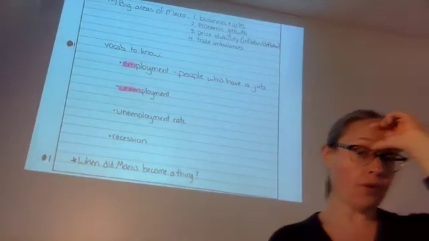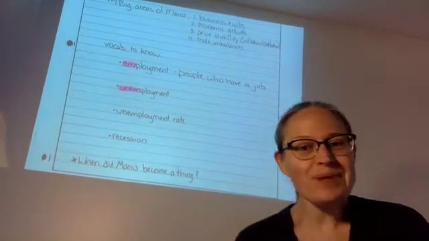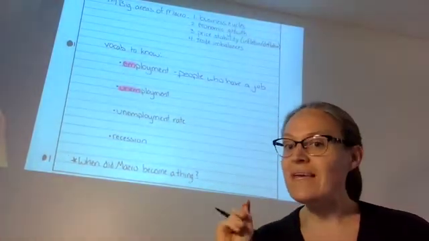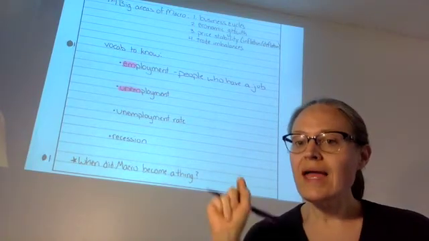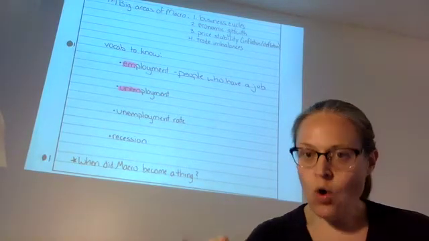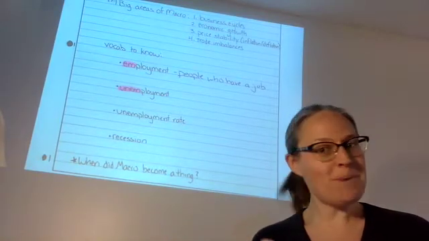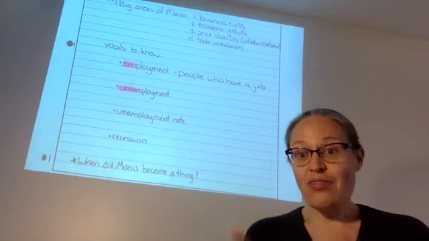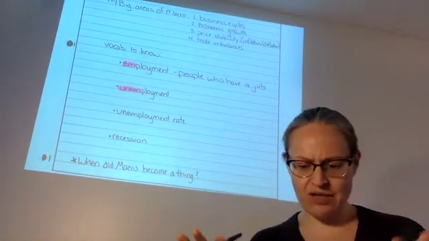And then unemployed is a little bit trickier because it's not simply people who don't have a job. Because when we think about unemployed, we want to know who wants a job but doesn't have a job. And that is different than just everybody who doesn't have a job.